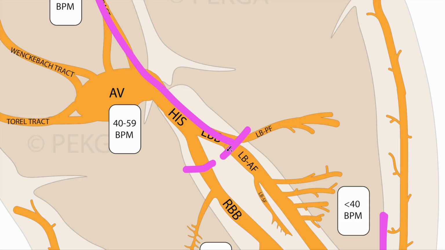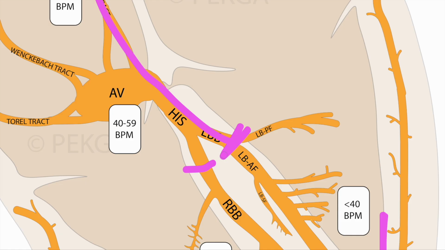But on the left side, the end of the common bundle, so you have your bundle of His, and then it bifurcates into the left bundle and the right bundle. This little segment here, before the further bifurcation into the anterior fascicle and posterior fascicle, is known as the common branch. So down to here is really a reflection of your PR interval.